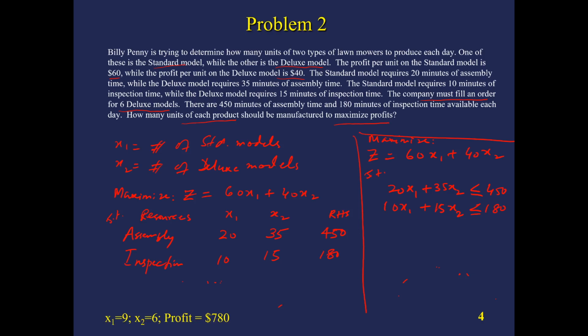And then the third constraint is that we need at least 6 deluxe models. So x2 should be greater or equal to 6. And then for completion's sake, we can say x1 and x2 should both be greater or equal to 0. Although we already have x2 greater or equal to 6, as we have this non-negativity there, we can just write it down.